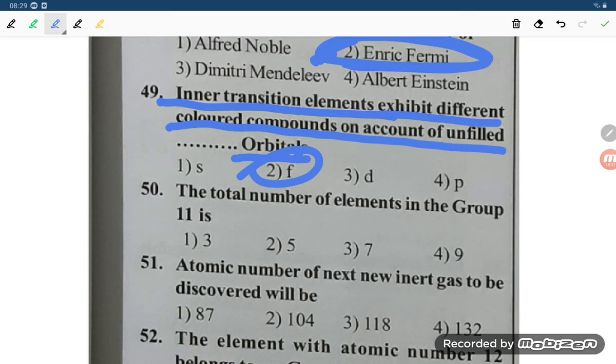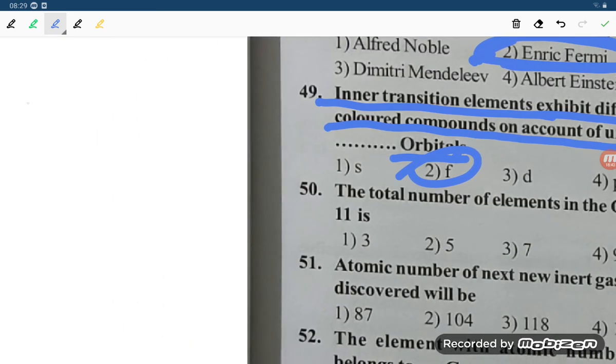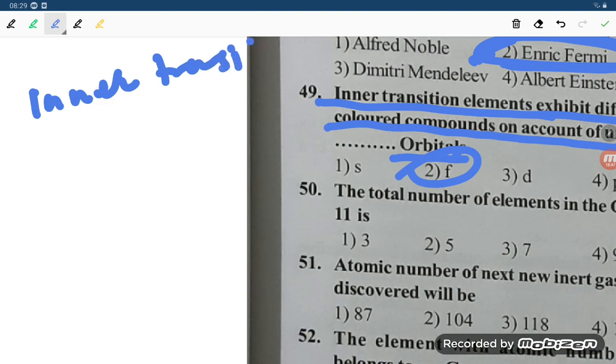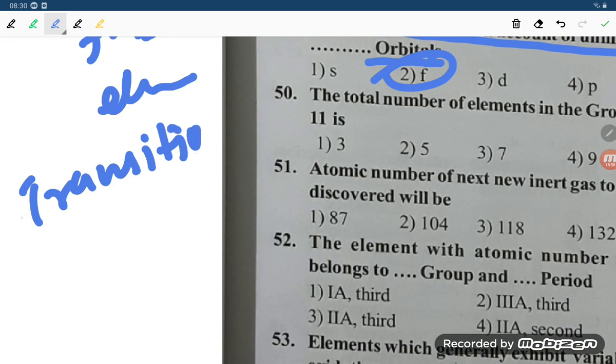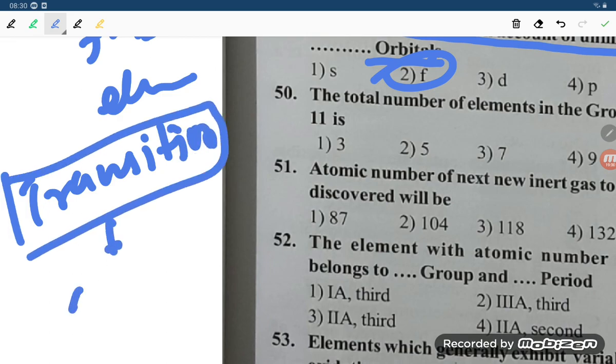Okay, 49, that is 2. Inner transition means what, student? F block elements. And if you talk about transition elements, that will be D block.